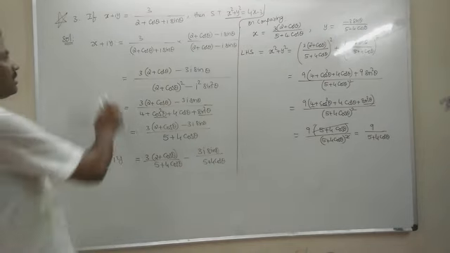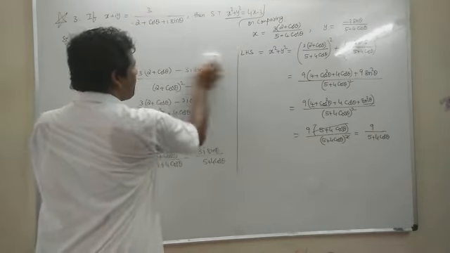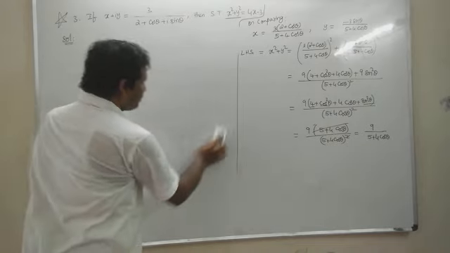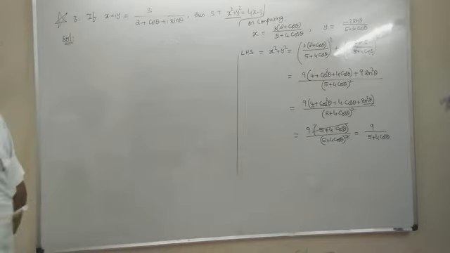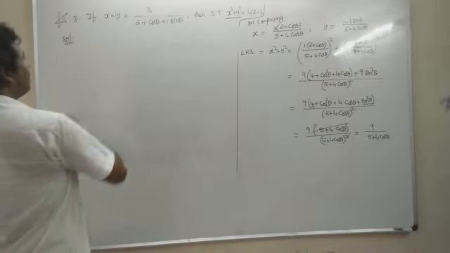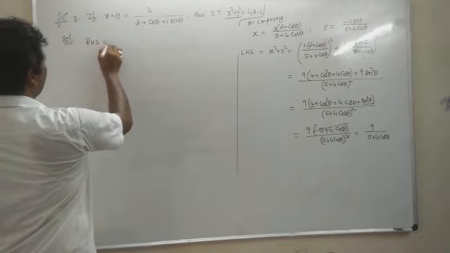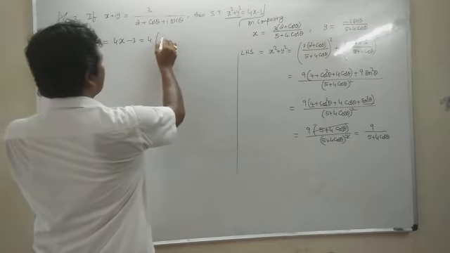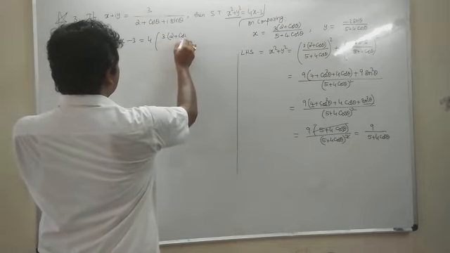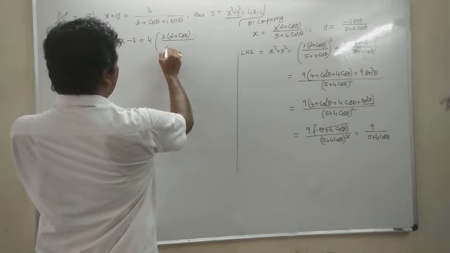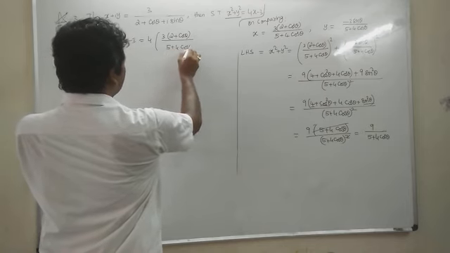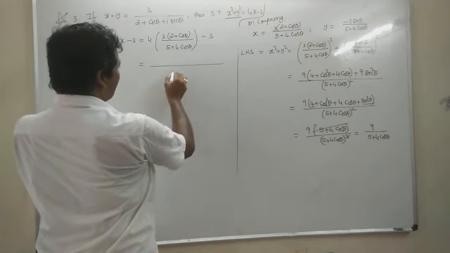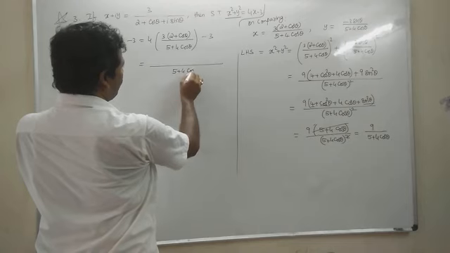Now let us find the RHS. Whatever the RHS, 4x minus 3. RHS equals 4x minus 3, that equals 4 into, what is the x value? 3 into 2 plus cos theta by 5 plus 4 cos theta, minus 3. Now take the LCM, 5 plus 4 cos theta.